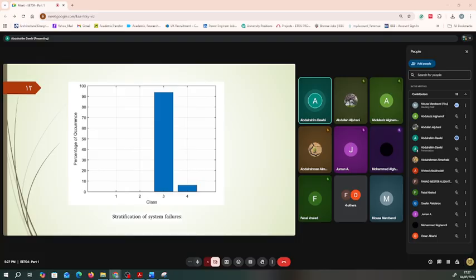This diagram shows the stratification of system failure. This one shows 4 groups. The first group is the duration less than 4 hours after installing the transformer and using the spare parts.